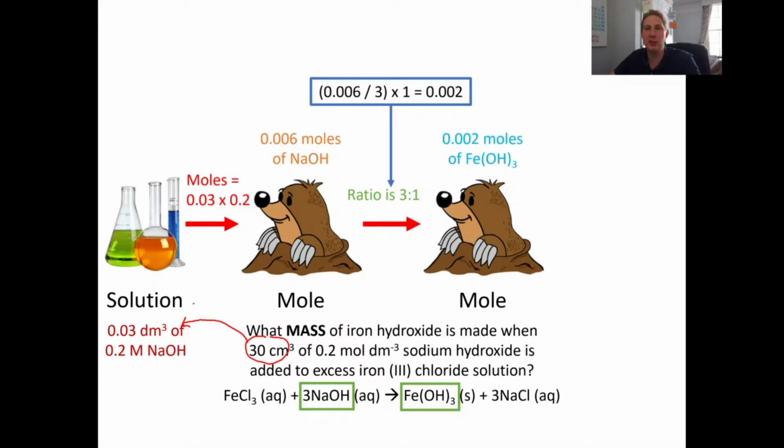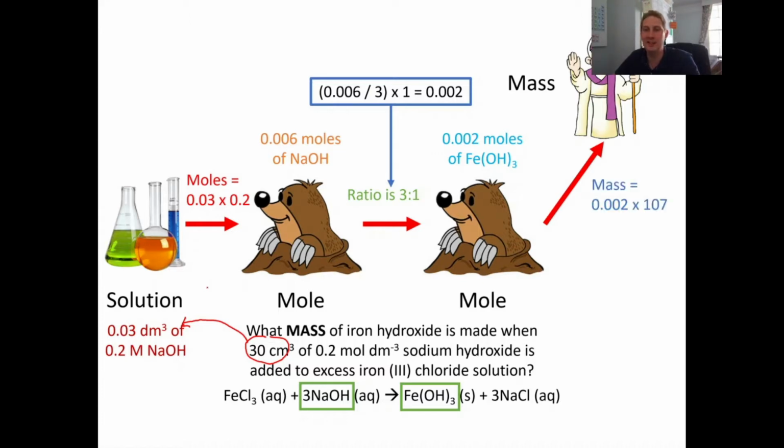So therefore we know from the ratio that we're going to make 0.002 moles of iron hydroxide. From that point on, it's very straightforward. We use our standard moles equals mass over Mr, mass equals moles times Mr calculation to get that the mass is moles times Mr, so 0.214 grams of iron hydroxide. Hopefully you're able to do that.